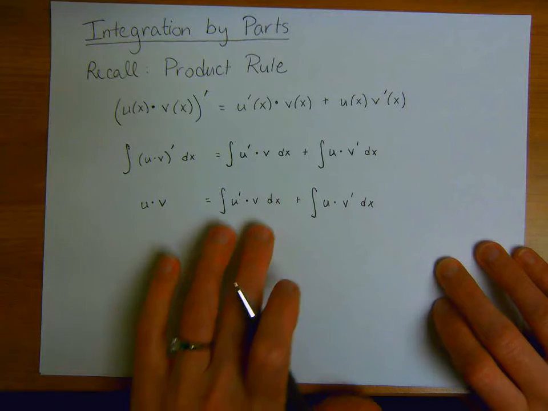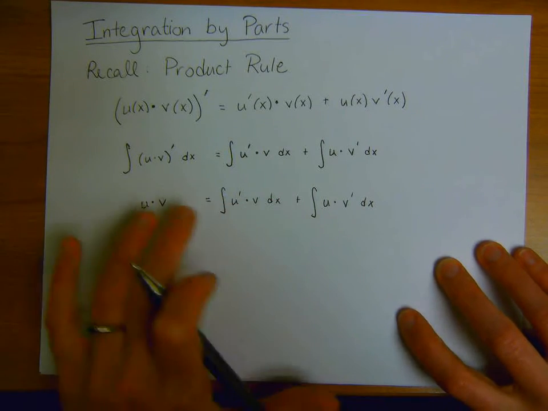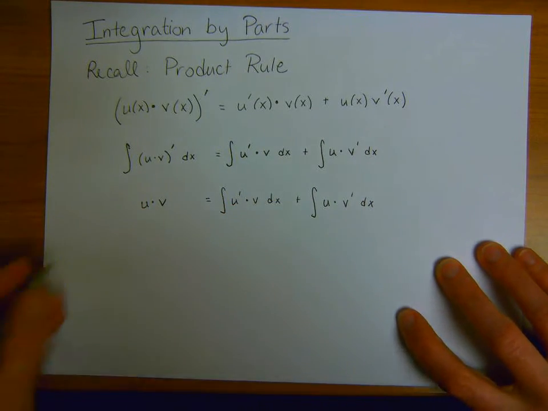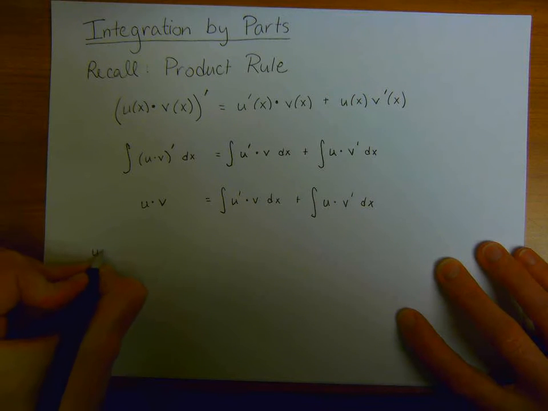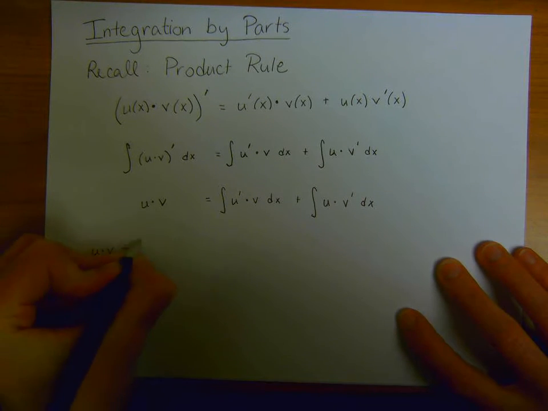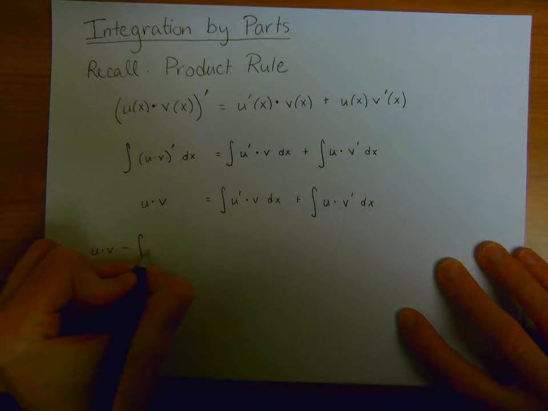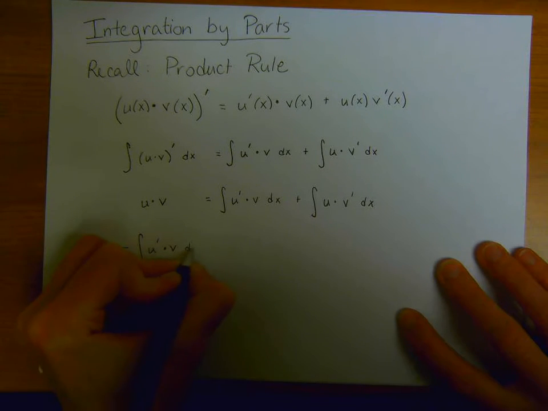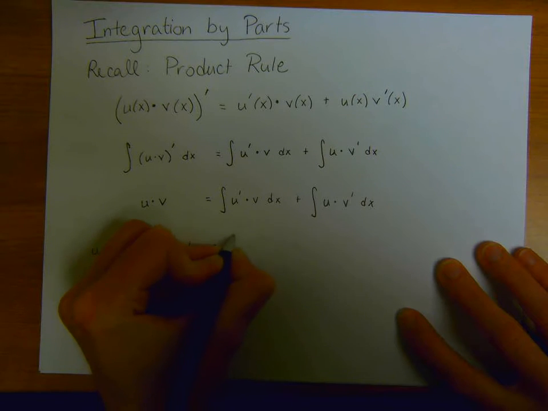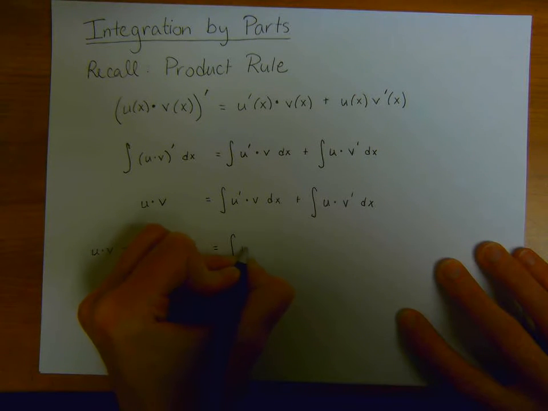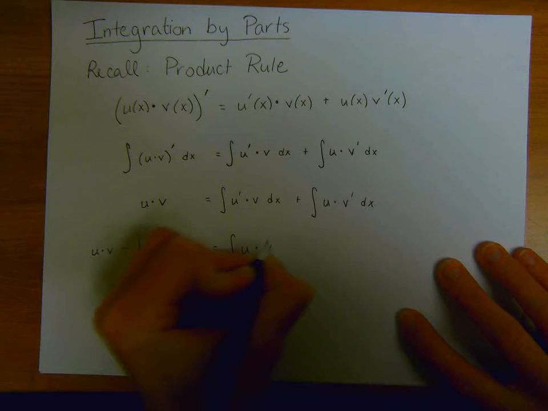I'm going to subtract this term from both sides, or move this term over, and I end up with u times v minus the integral of u prime times v dx is equal to the integral of u times v prime dx.